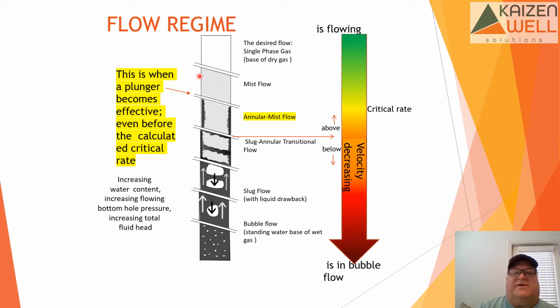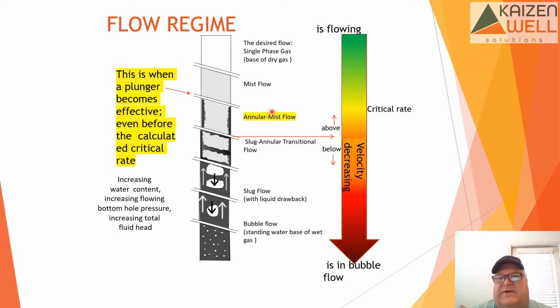But most of our wells are in a mist flow where basically all the liquid coming in is being swept up in a continuous mist and carried to surface, and that's well above critical rate. Then you get into this annular mist flow. Now, my experience has been that from the calculated critical rates to standing at the wellhead and watching what's happening, they're undervalued, I would say by 15 to 20%.